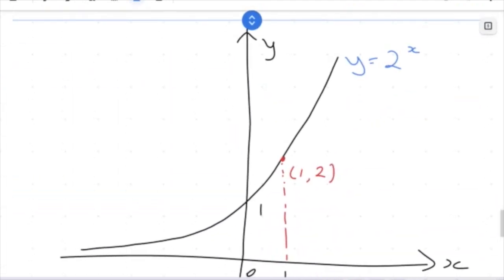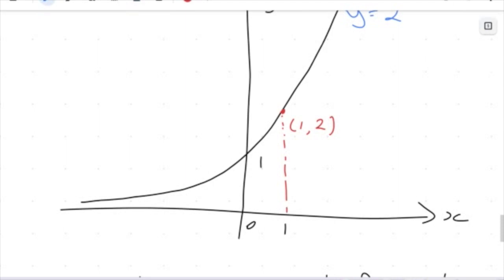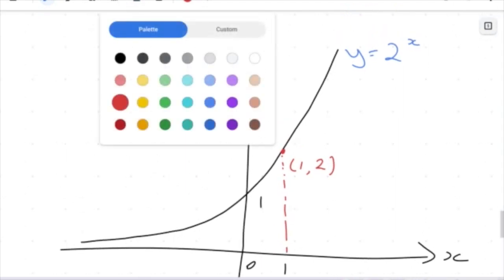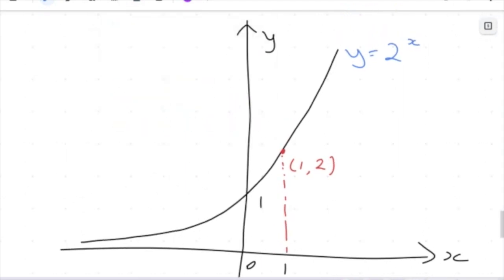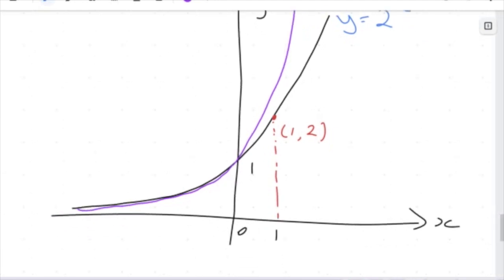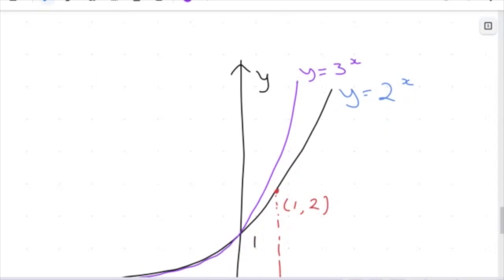Now let's sketch y equals 3 to the power of x. Let's do all of these in a different color. This is going to look something like this. Y equals 3 to the power of x. Now, I've just graphed this roughly.